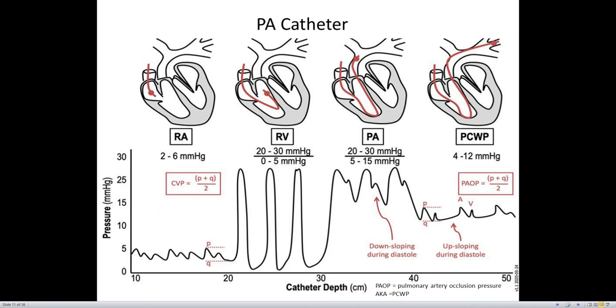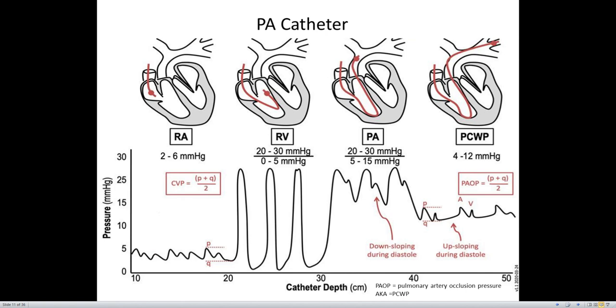Its pressure, systolic, averages between 20 and 30 millimeters of mercury, and diastolic 0 to 5 millimeters of mercury. You can see that represented as the second set of waveforms, showing a pressure that increases to about 28 and goes down to maybe about 1.